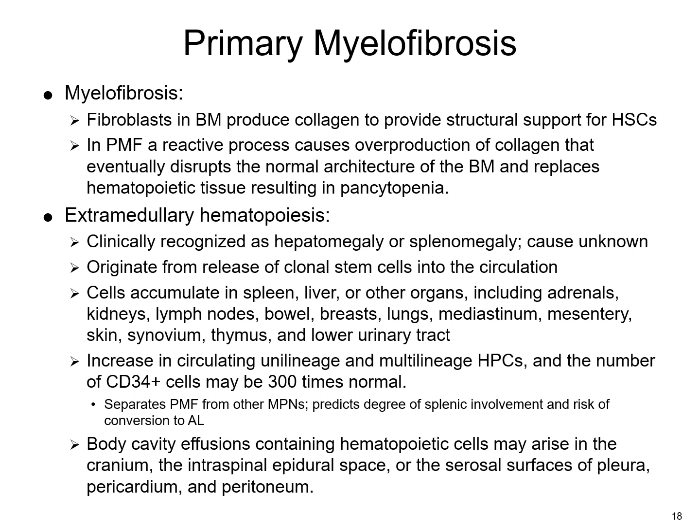And it seems to originate because there's a release of those clonal cells into circulation, and those cells will start to accumulate within the spleen, the liver, or other organs throughout the body. So this could be even down to the adrenals, kidneys, lymph nodes, bowels, breast, lung, the mediastinum, and just throughout various areas of the body.